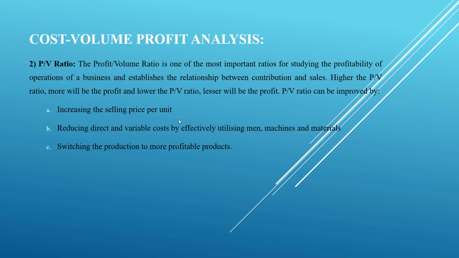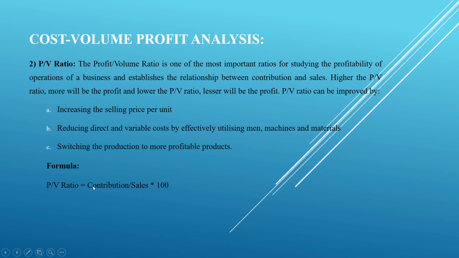But those products which are not giving any kind of benefits or profits for the company can be discontinued. So the PV ratio can be improved by increasing the selling price, reducing the direct variable cost, and producing those products which are giving you more profits.